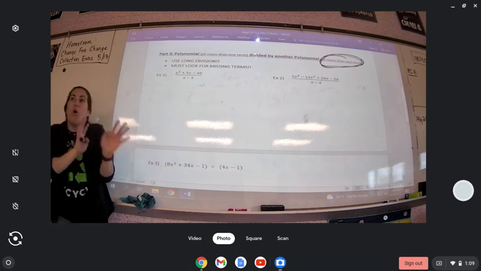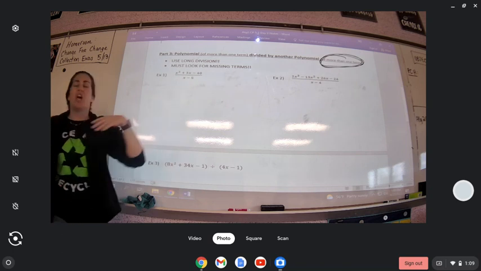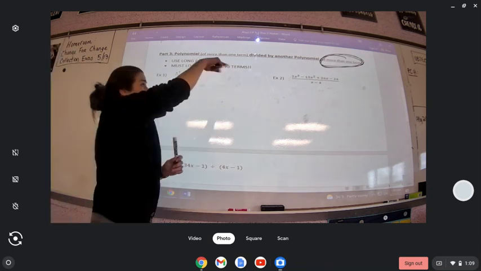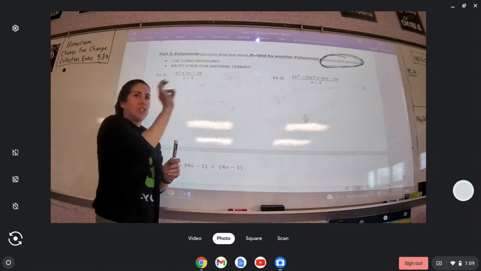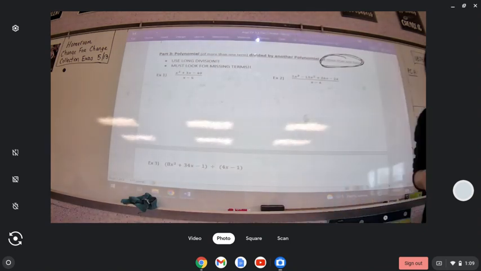Another little loophole you have to watch out for is you're going to have to look for missing terms. I'll try to explain that when we get there, okay? And then another thing, I actually want to add one more bullet. I want you guys to have this in writing. One of the worst steps when it comes to long dividing is the subtraction step. And students always seem to mess that part up, and I can understand why. So I want to put a reminder in writing for you right now.